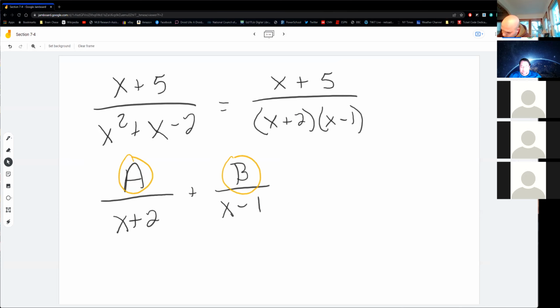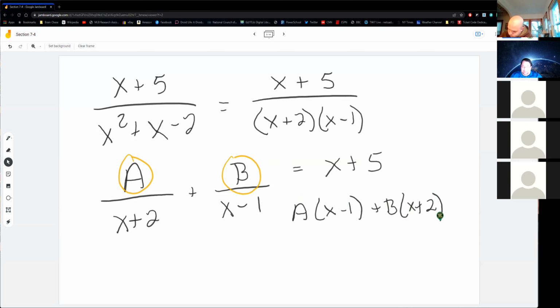I know that the top has to end up being the x plus 5. When I put them all together, that top part has to end up being x plus 5. So I have A times (x minus 1) plus B times (x plus 2) equals x plus 5.